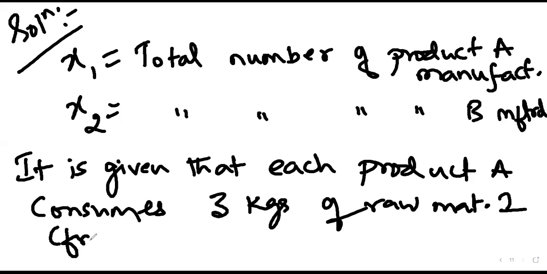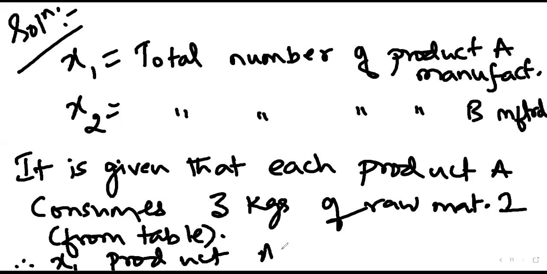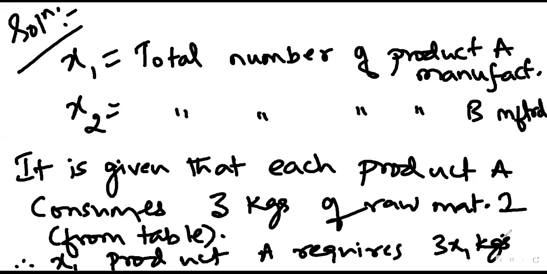That is from the table. Is it right? Yes, sir. So therefore, x1 product A requires 3x1 kgs of raw material 1.